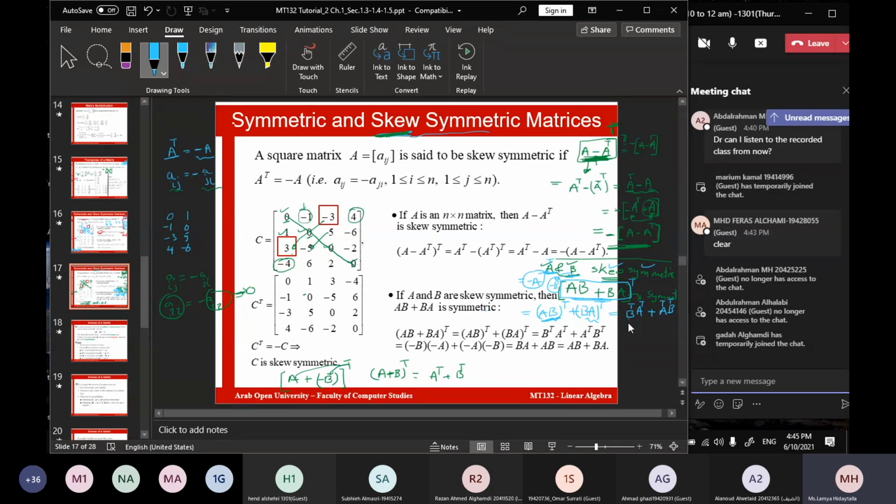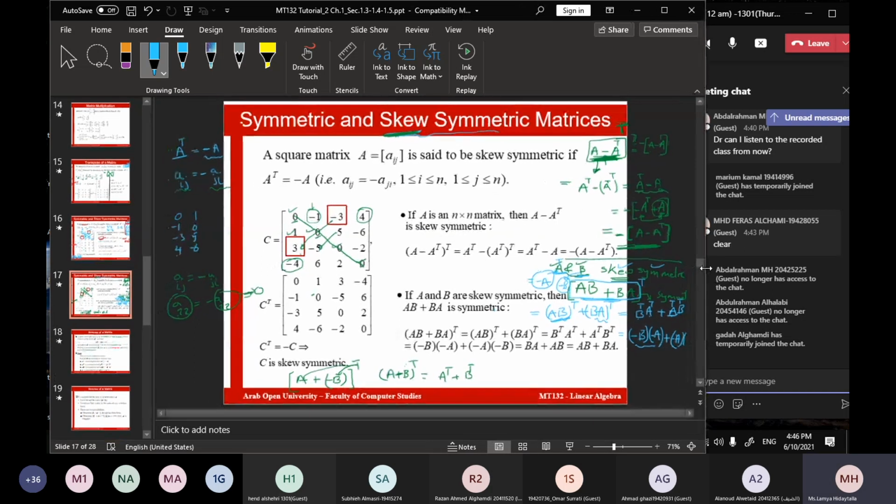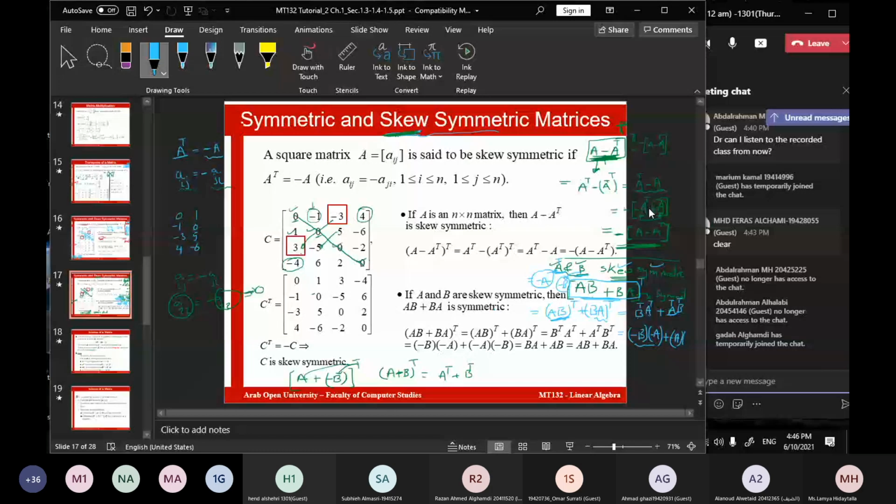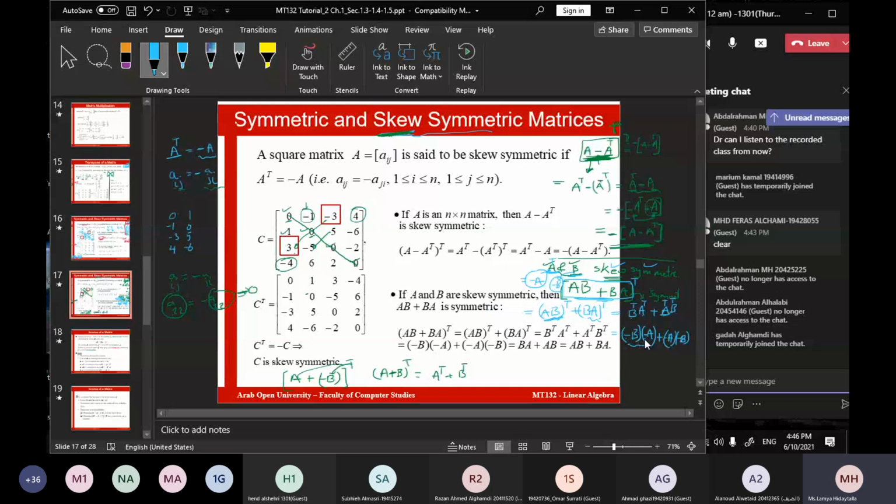B transpose is equal to minus B, and A transpose is equal to minus A. Then plus: A transpose is minus A, and B transpose is minus B. Minus times minus is plus. So this is B times A plus A times B.